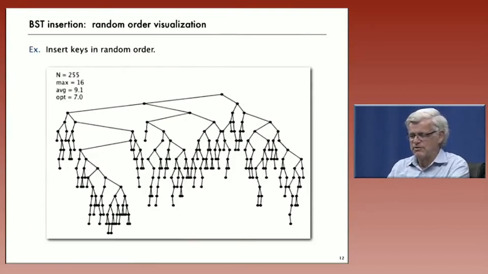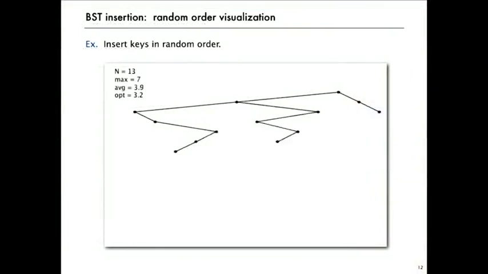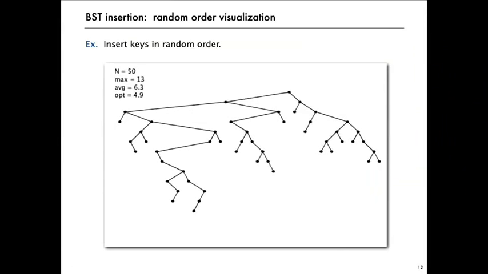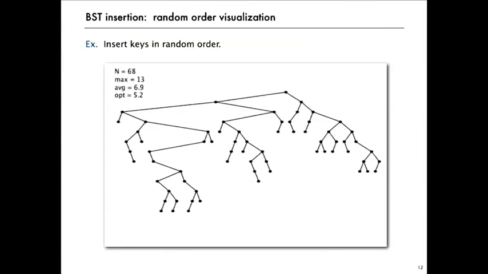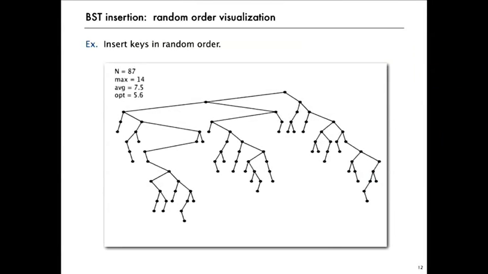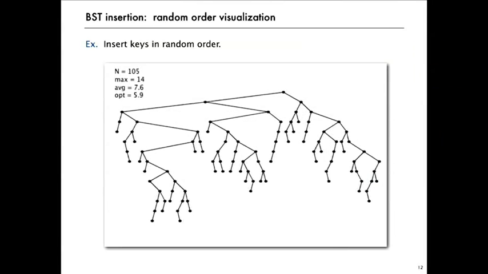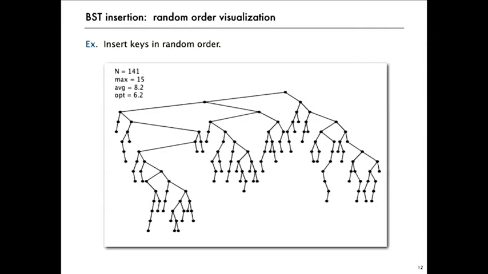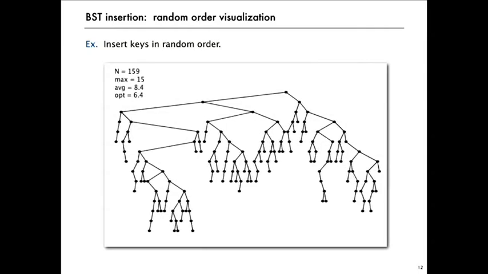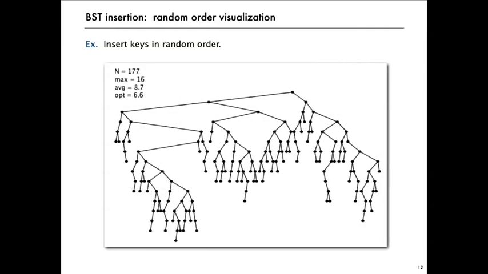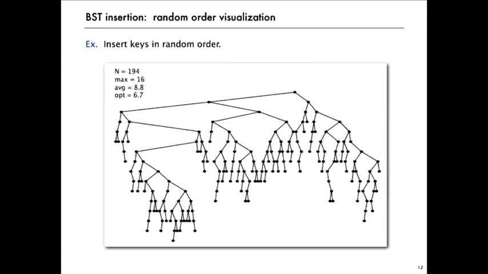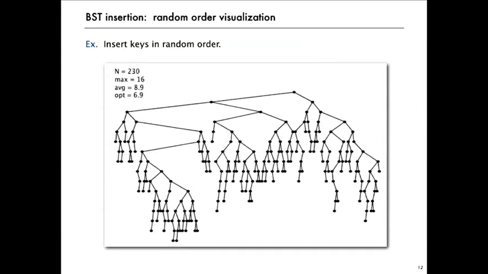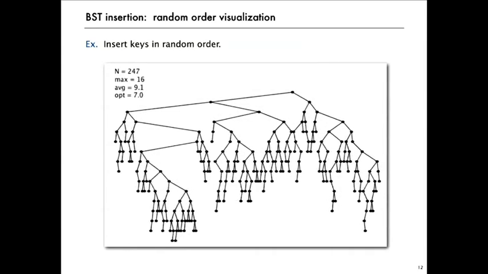Now, let's visualize what happens when keys come in random order. The tree grows from the bottom, and the little side-to-side motion is just accommodating room for each new key as it's added. But you can see that even for this case, which is hundreds of keys, the length of the path from top to bottom is not so much.